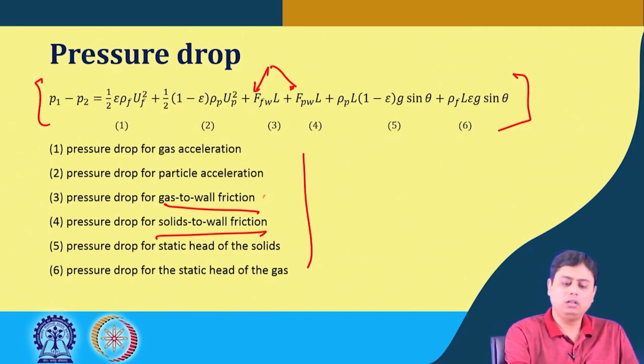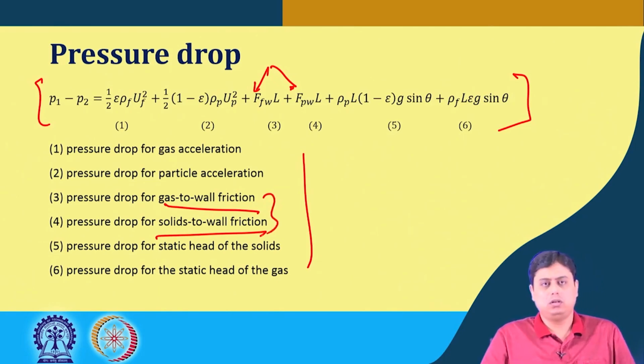So depending on these two values or analysis of these two values, we can apply it for any orientation of the pipeline network having this pneumatic transport, or even we can apply this kind of balance for the slurry transport as well.